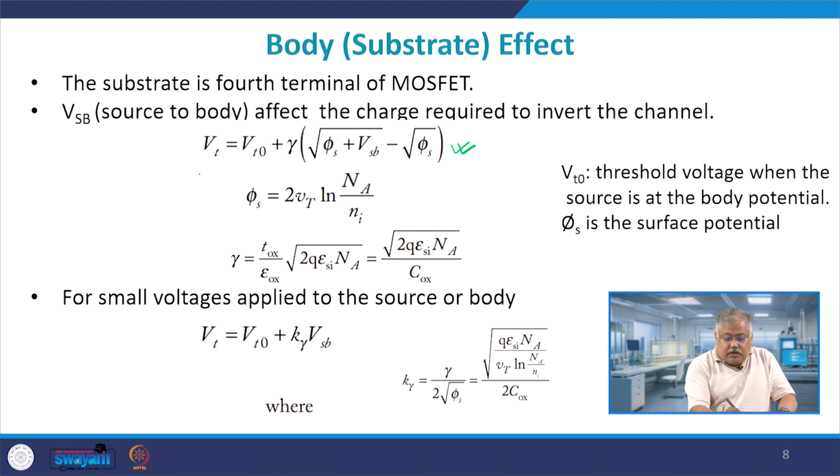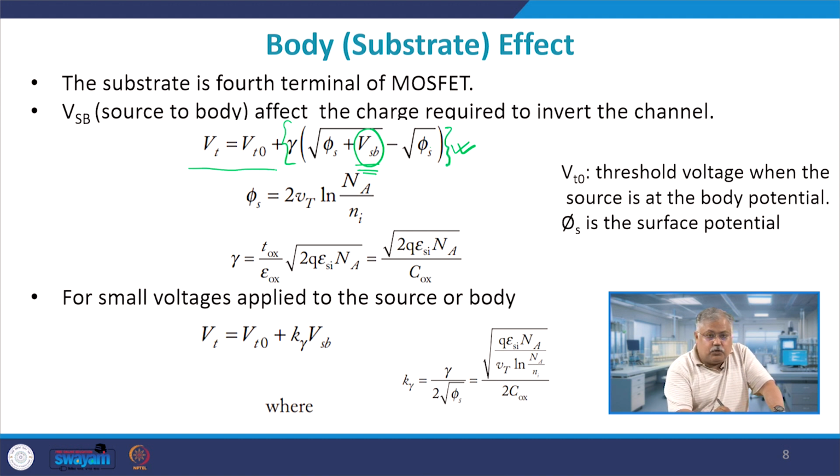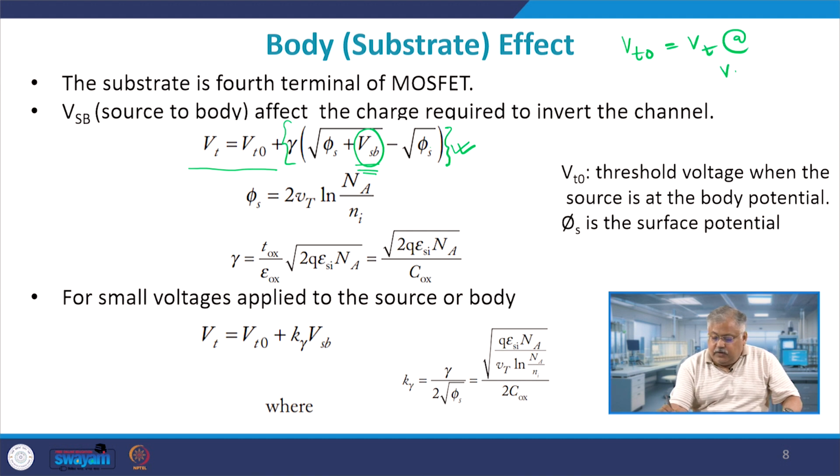If VSB, the source to bulk voltage, is 0, this quantity goes to 0: root phi s minus root phi s is 0, and therefore this quantity does not play any role. Your Vt is equal to Vt0. What is Vt0? Vt0 is the threshold voltage when VSB equals 0.